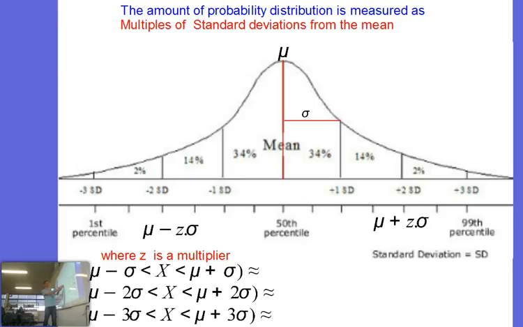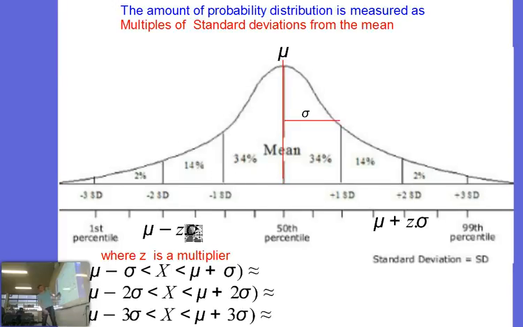So starting at the mean, we subtract 1 standard deviation, which brings us to this line, and then we add 1 standard deviation, which brings us here to this line. So from there to there, how much area are we making up? 68. So it's approximately 68%, depending on how accurate our distribution is.